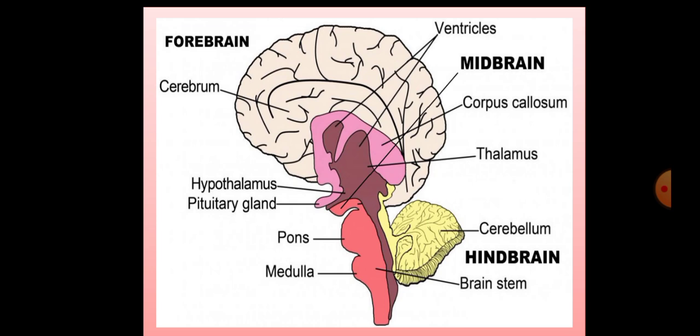The hypothalamus contains a number of centers which control body temperature, urge for eating and drinking. It also contains several groups of neurosecretory cells which secrete hormones called hypothalamic hormones.